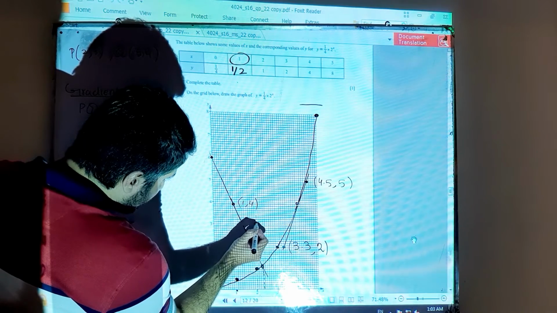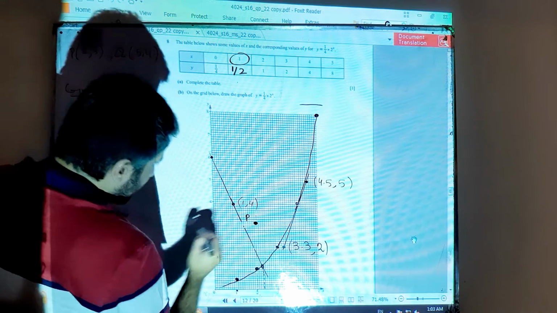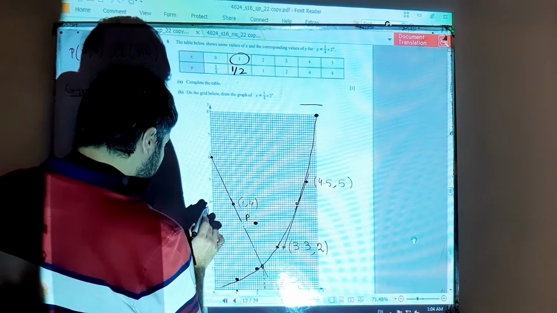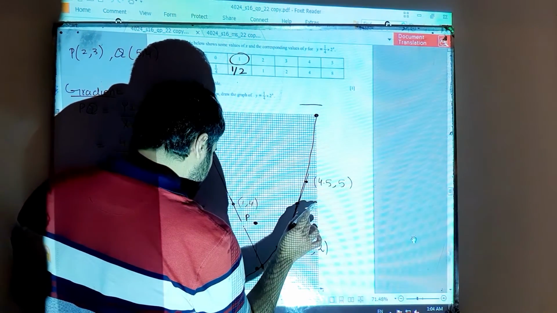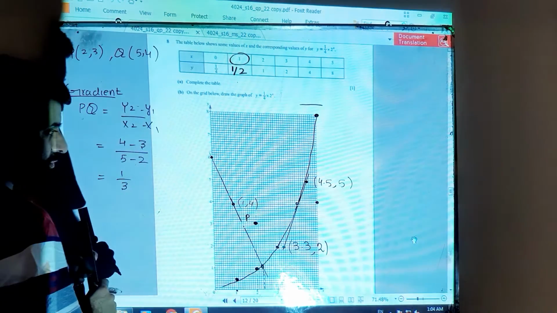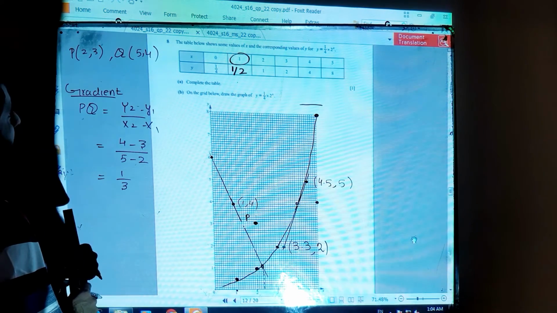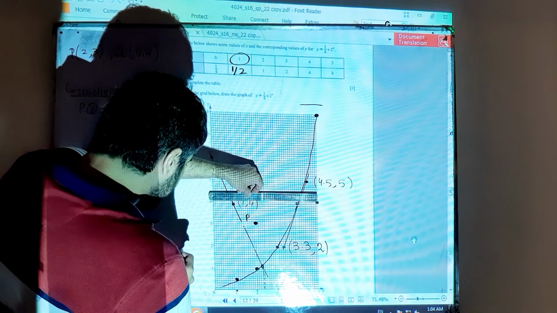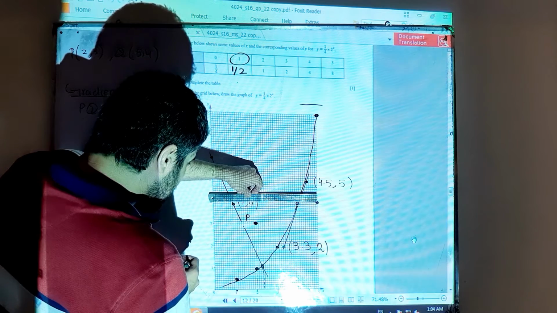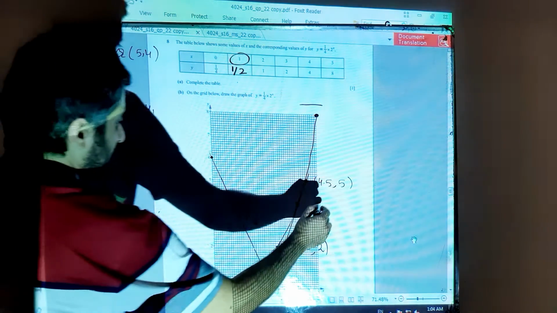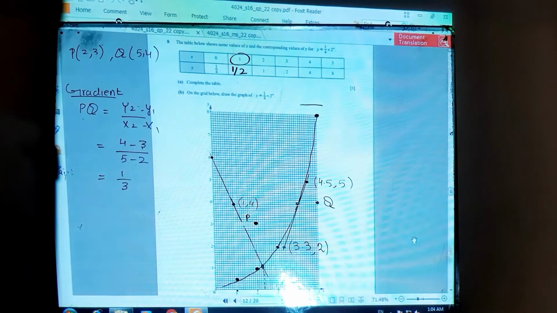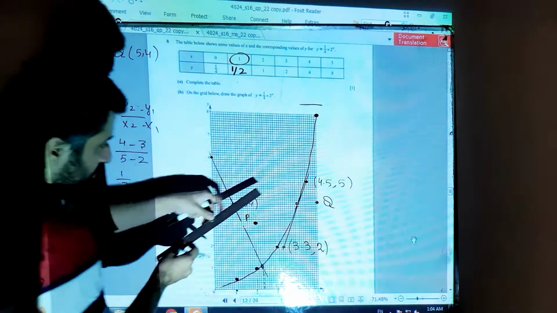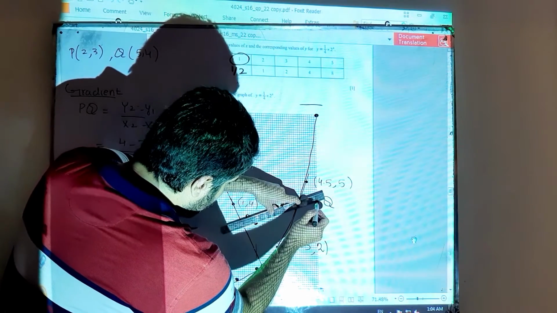So this is the point P. Then mark Q (5, 4): x is 5, y is 4. Okay, so we have marked Q as well. Now you need to join them to draw the line PQ like this.